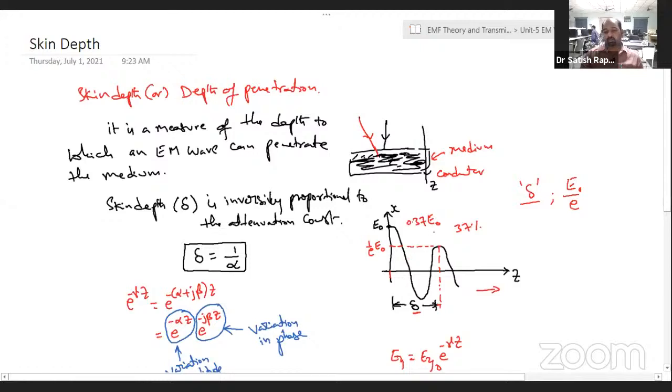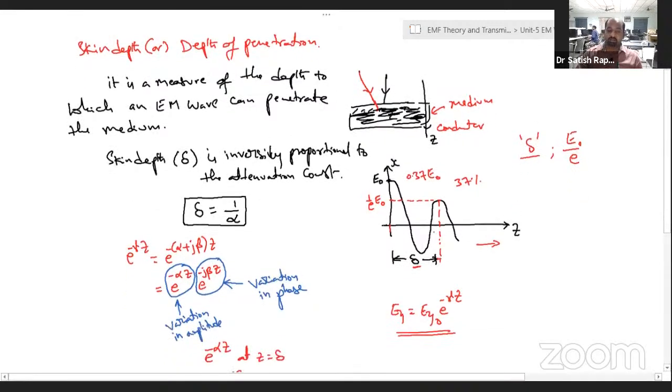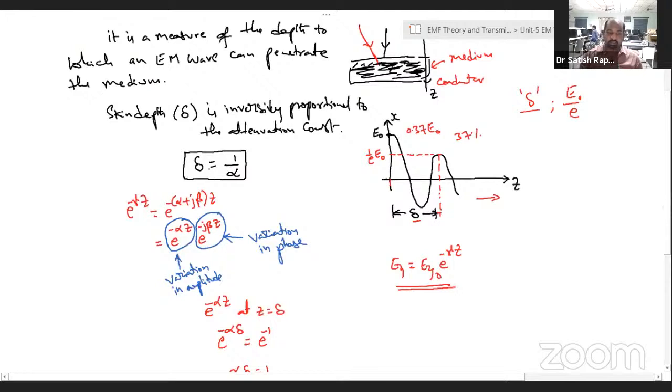That means the wave's amplitude will become 37%, and that is called skin depth. And skin depth is equal to 1 by attenuation constant.